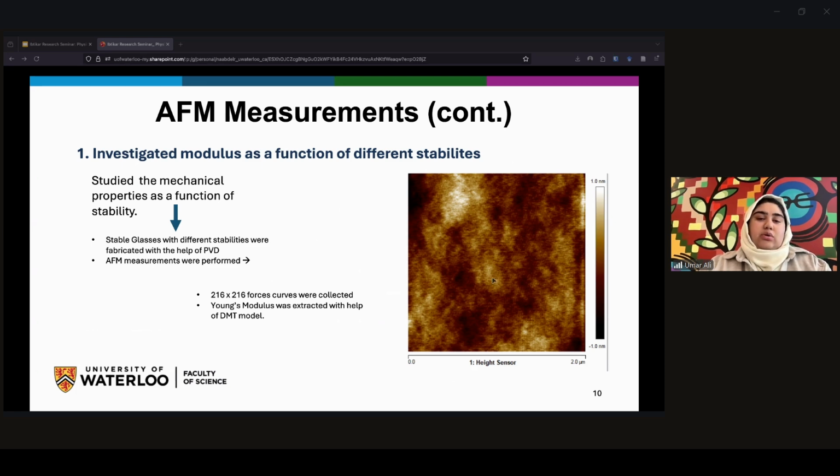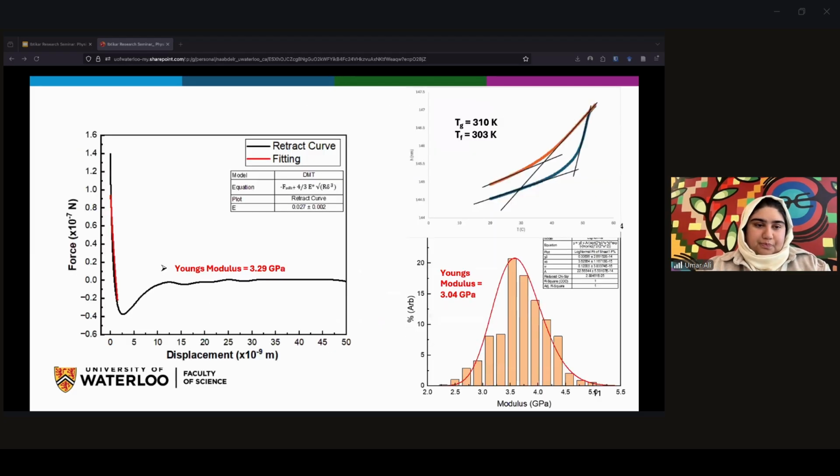The strategy was to take a 2 micron by 2 micron scan size, and in that area, 216 force curves, and then the force curves were fitted with the help of the DMT model that I showed.